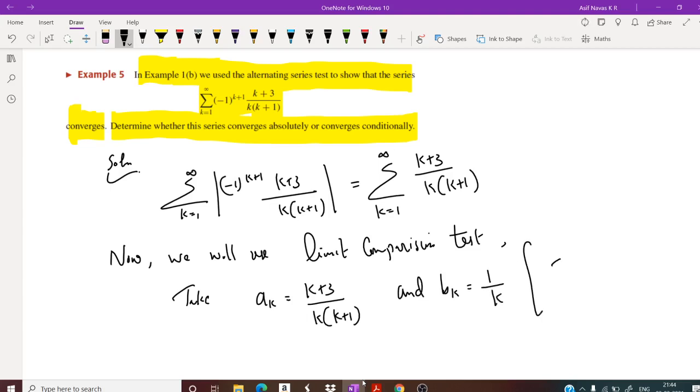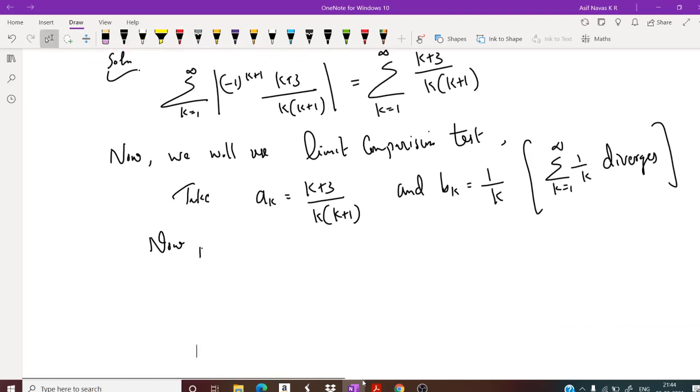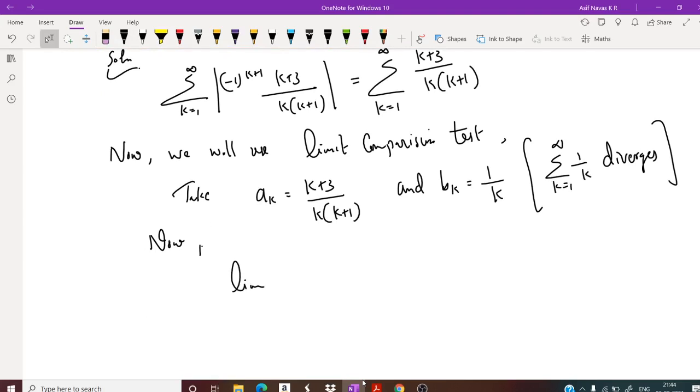We already know that sigma k equal to 1 to infinity 1 by k diverges by the p series test. So now we will take limit k tends to infinity ak divided by bk. This is equal to limit k tends to infinity k plus 3 divided by k into k plus 1, divided by 1 by k.